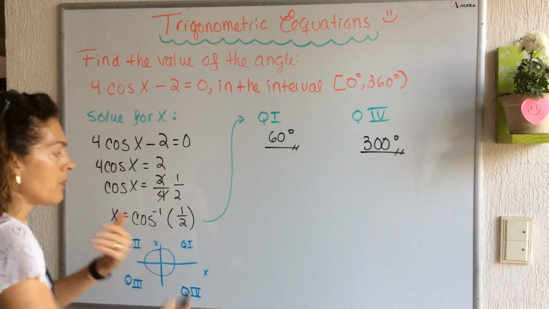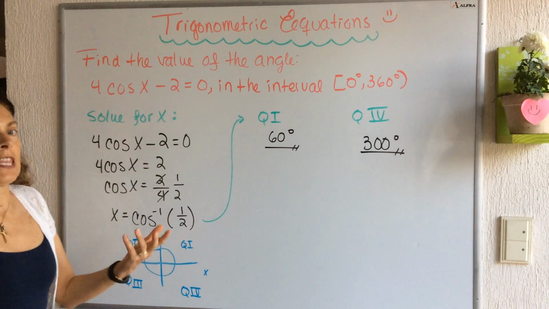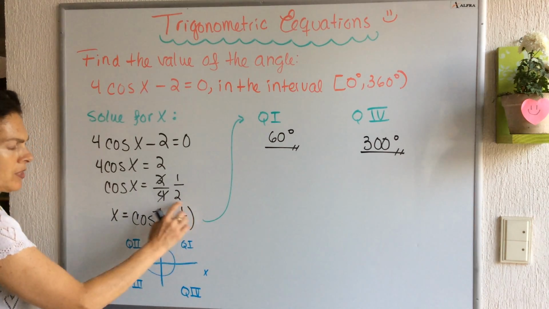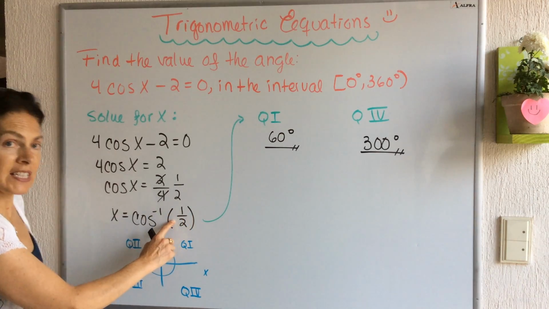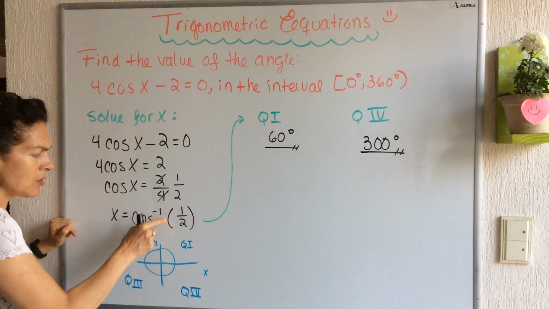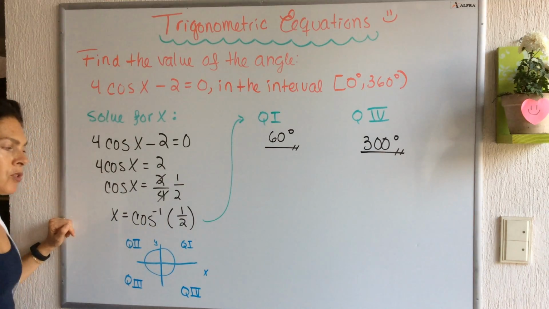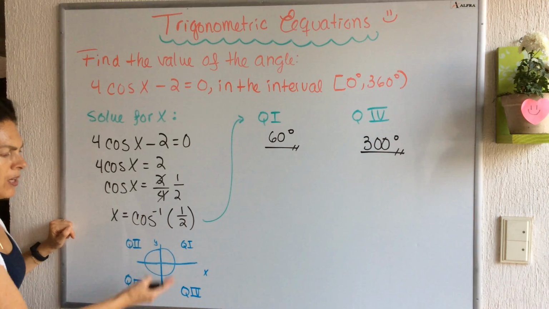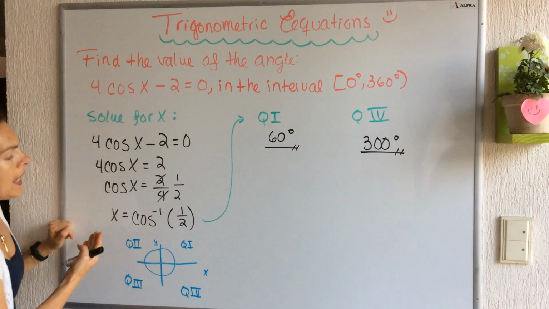And remember, we have done this when we studied inverse trigonometric ratios. So if the value that they are giving us here is positive, and we're talking about inverse of cosine, remember that cosine is the x value in the coordinate plane where we have the unit circle.